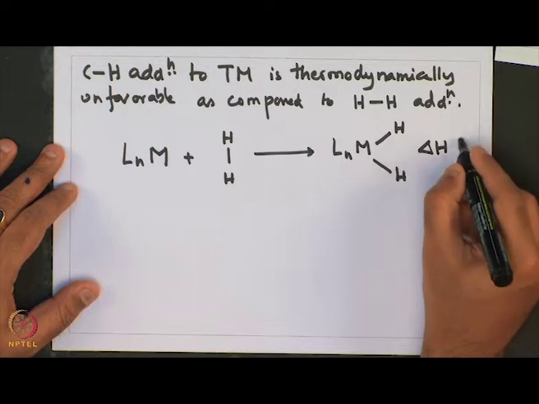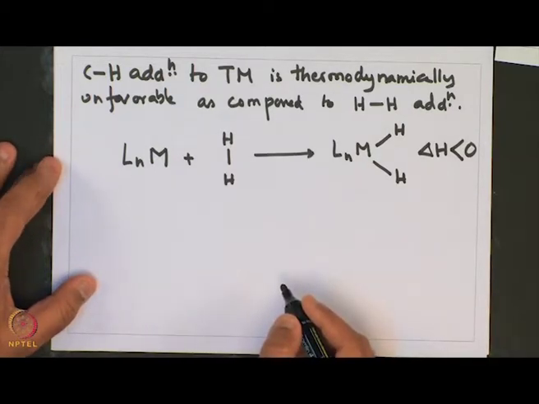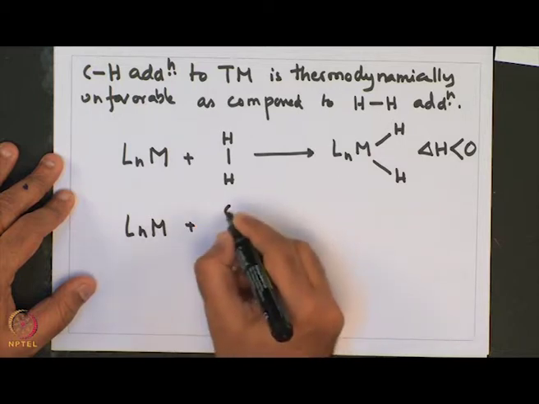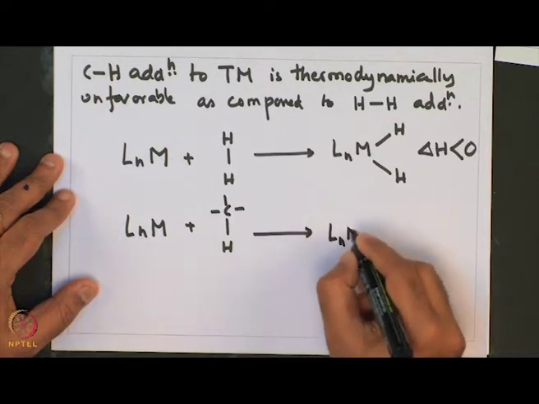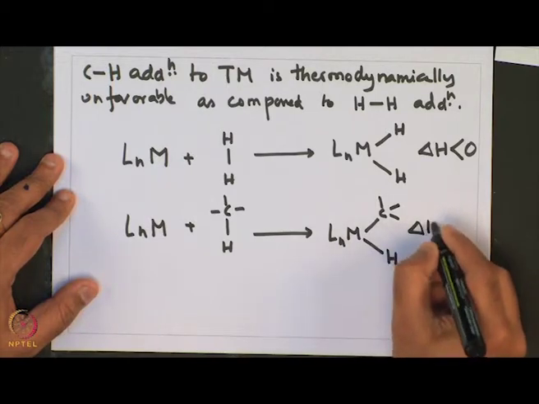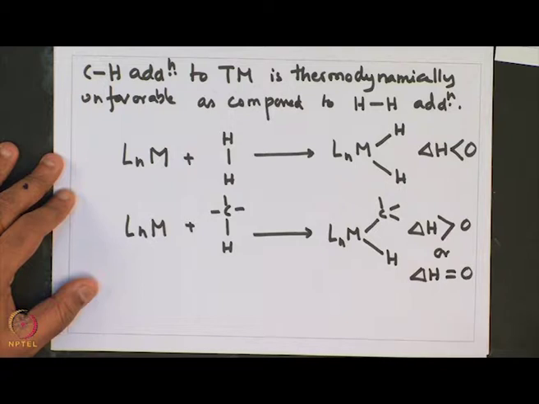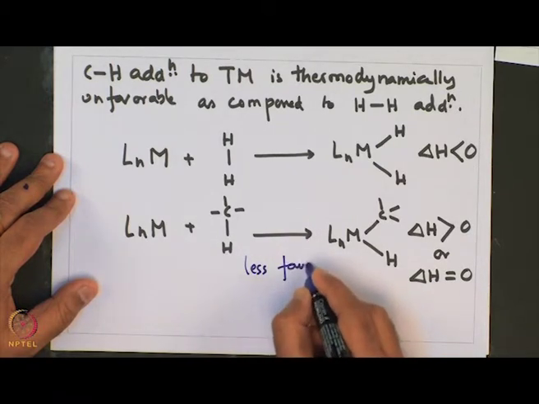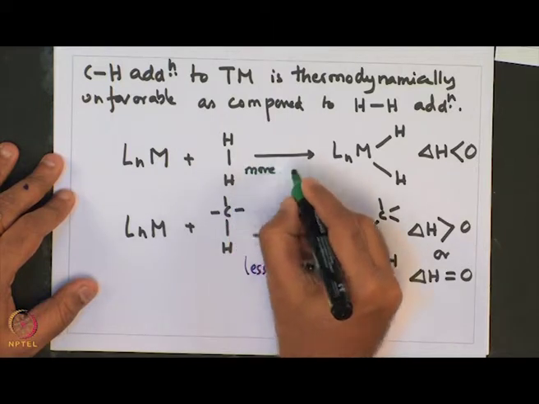The enthalpy is negative for such reaction, stating that this is enthalpically favored, whereas the same reaction for a CH bond leading to metal alkyl hydride has delta H greater than 0 or delta H equal to 0, and that means that this addition is less favorable and HH addition is more favorable.